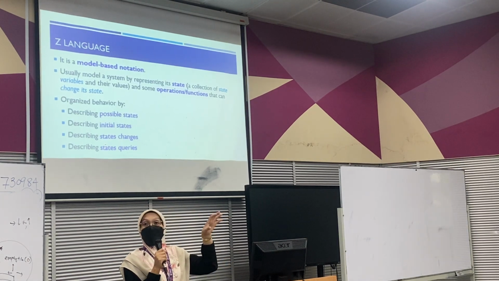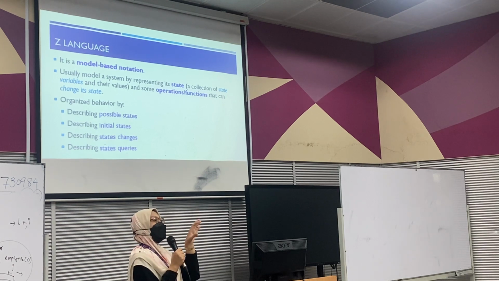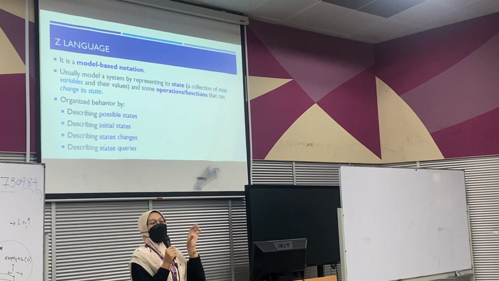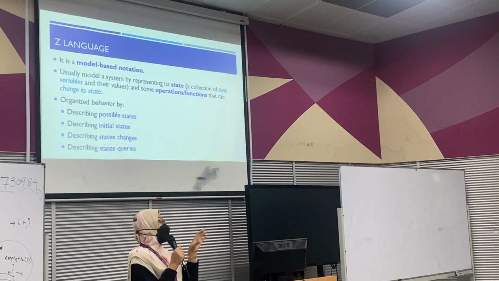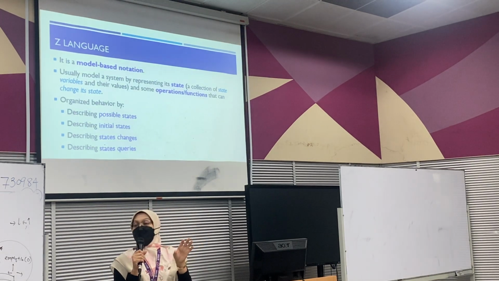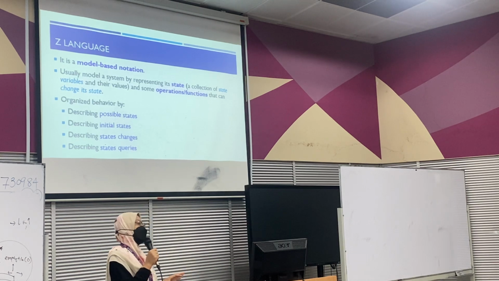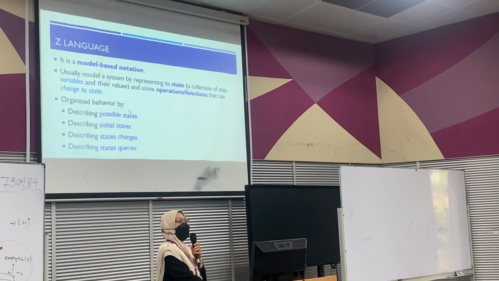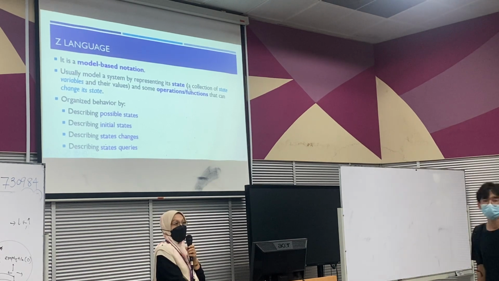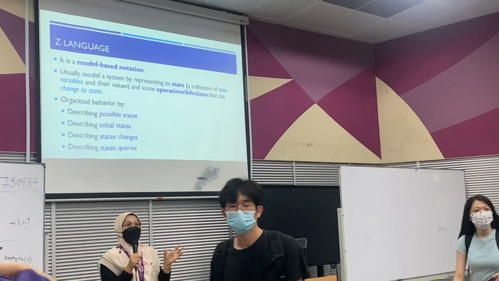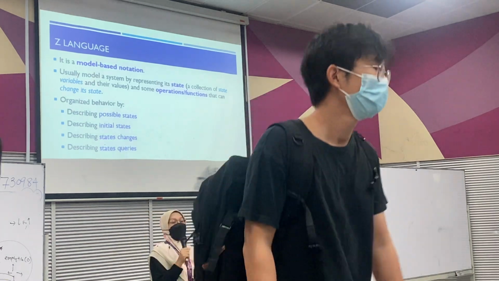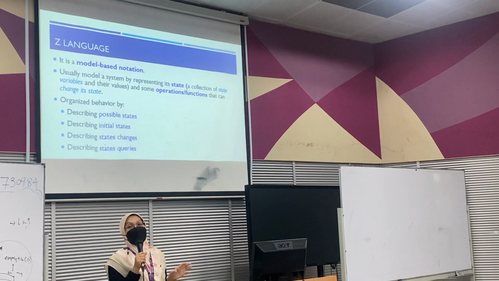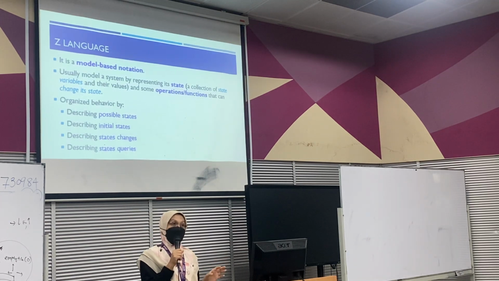Because from the module that you choose, this is going to be the state schema for you. Okay, and then the operations that you are going to choose from a list of operations that you have, those are actually to represent the behavior or operations of your system. Okay, behavior means something changes state, remains, and so on. So you are going to use that to represent inside your schema later.